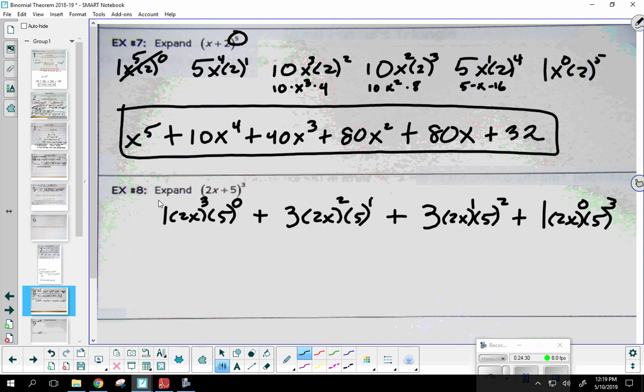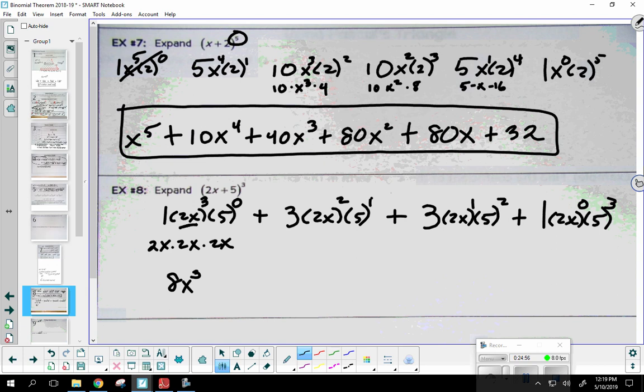How are we doing? Okay. Well, then, somebody help me out with the first one. 2x cubed. Now be careful. It's the quantity 2x cubed. So really this is 2x times 2x times 2x. That would be 8x cubed.